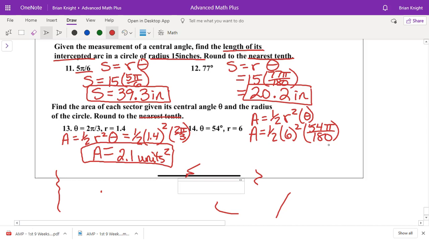Well, it's 16.96, which would be 17. We're just plugging stuff in. As long as you don't forget the formula, very, very simple. What if we forget the formula? Then very, very hard.